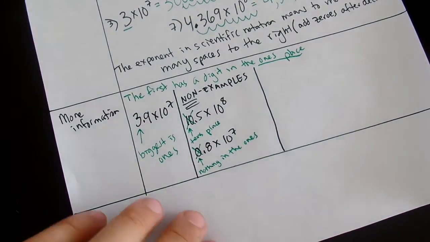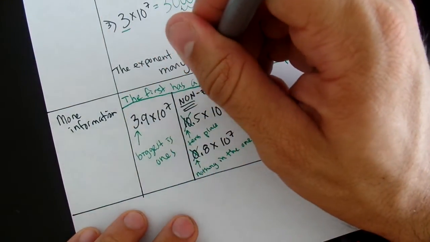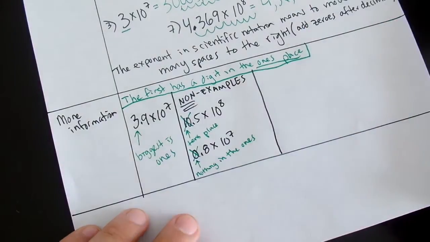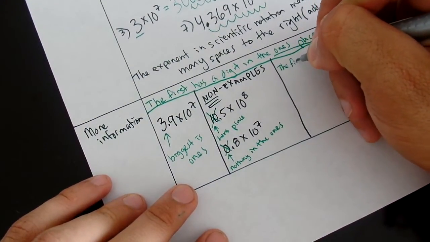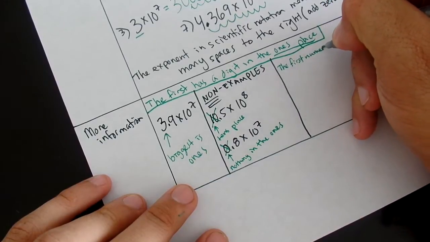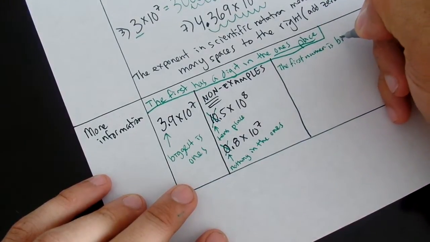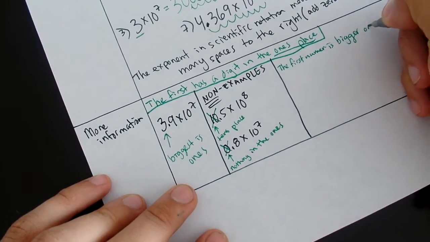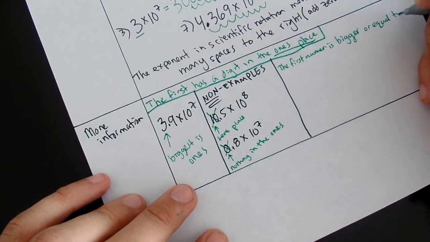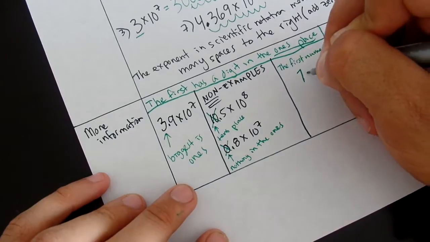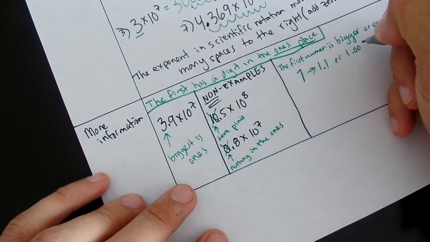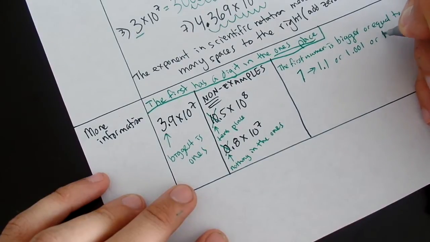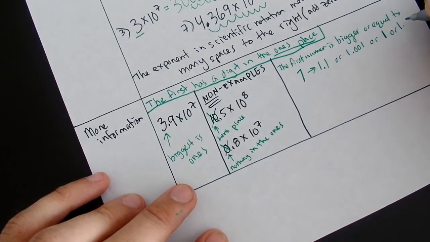Okay? Now, this may be confusing when I explain it. Another way to say this is the first number is bigger or equal to 1, which means 1.1 or 1.001 or just 1 or 1.9 and then forever.